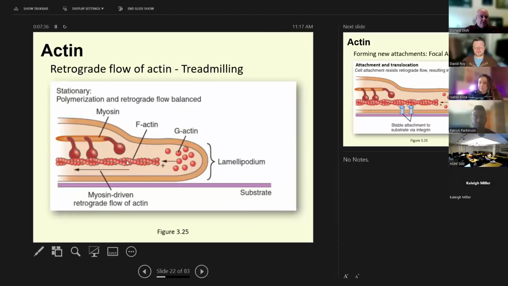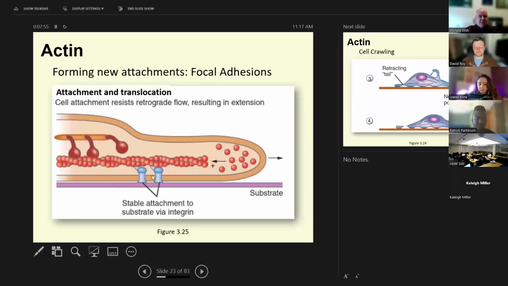It's kind of like figuring out what it's up to. So your myosin is grabbing stress fibers and pulling them back, or microfilaments at any rate, pulling them backwards, and they're polymerizing up here and depolymerizing here. So it's just kind of like a treadmilling going on until attachments get made between this microfilament and the substrate.